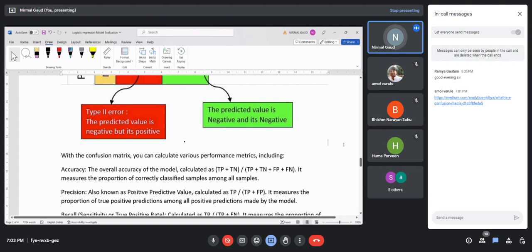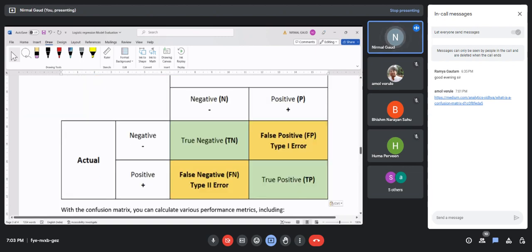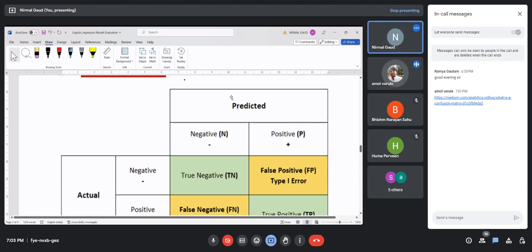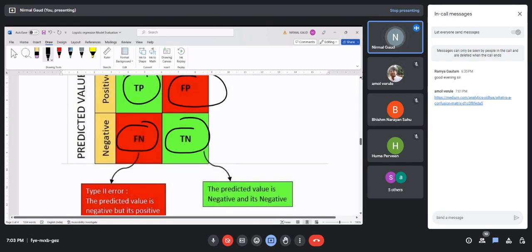According to the definitions which we studied, the things will become clear. One more image is there where they have shown the cat. So here I put two images which are available.